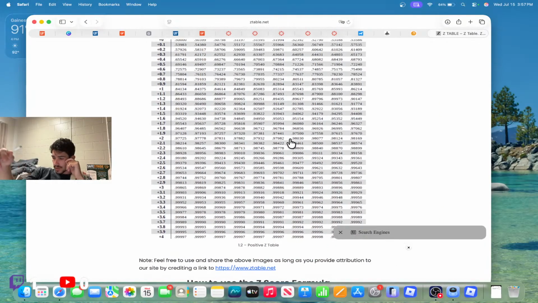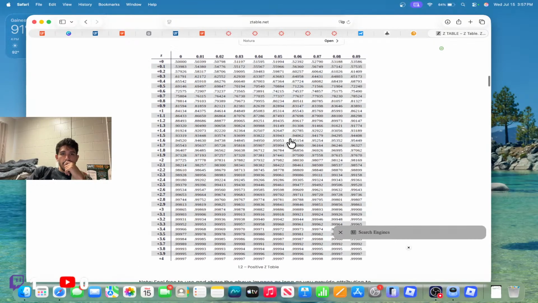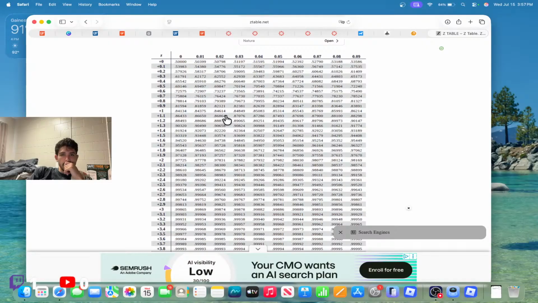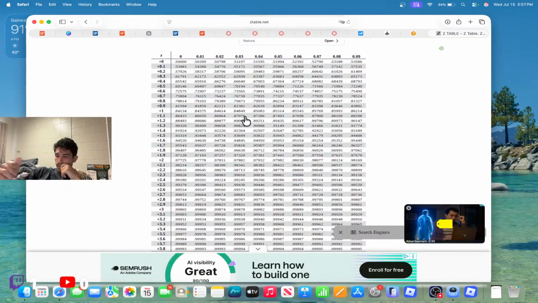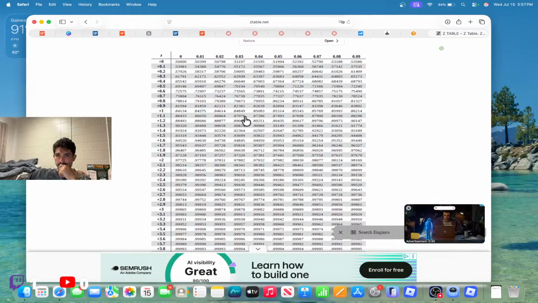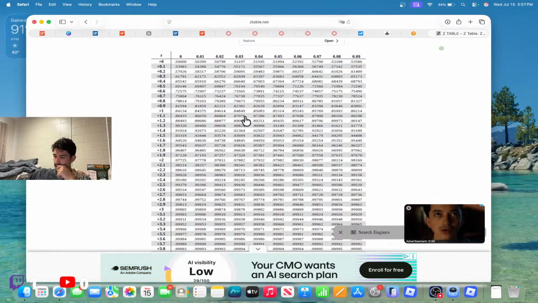So we have 1.13, which gives us a percentile of 0.87076.